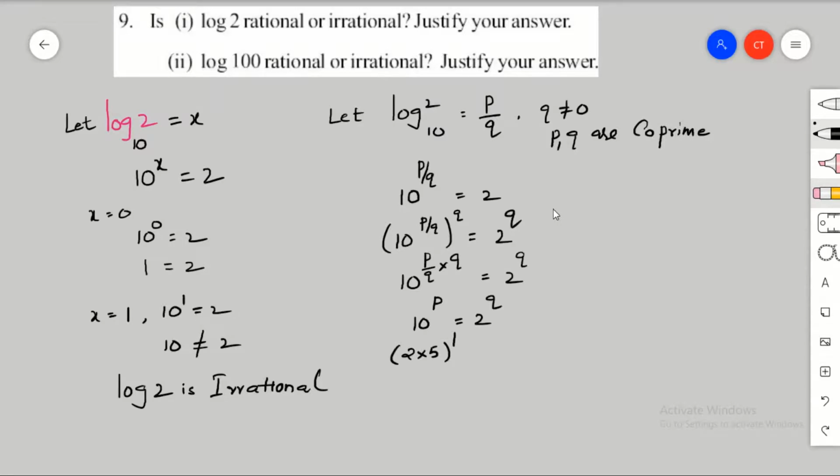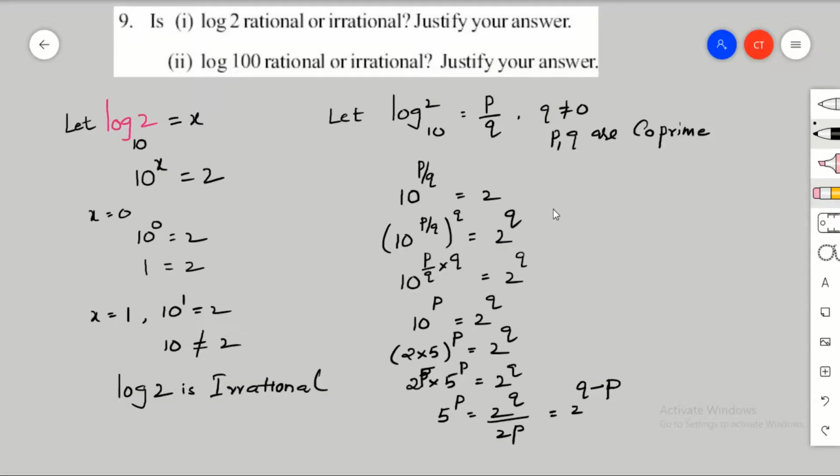Whole power p equals 2 power q. If I distribute that power p to the bases individually, 2 power p into 5 power p equals 2 power q, so 5 power p equals 2 power q divided by 2 power p, which equals 2 power q minus p according to one of the laws of indices.